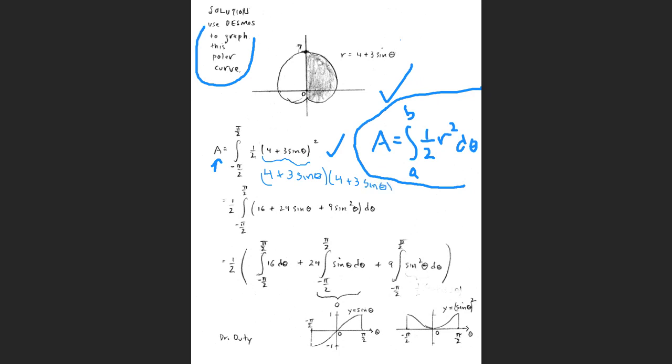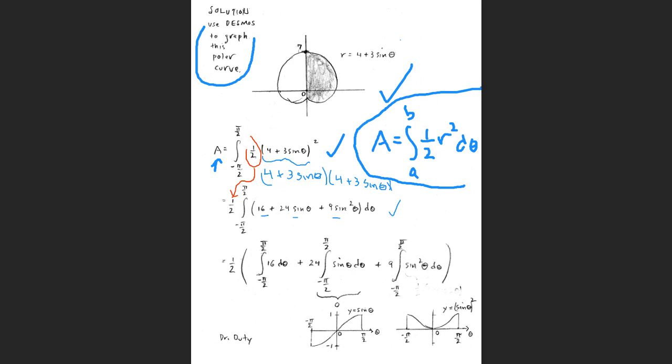And if we FOIL that out, we're going to get the integral where our integrand is, notice, by the way, the 1/2, I brought the 1/2 out here. And we're left with, well, when we FOIL 4 plus 3 sine theta with itself, we'll get 16 plus 24 sine theta plus 9 sine squared of theta, d theta.